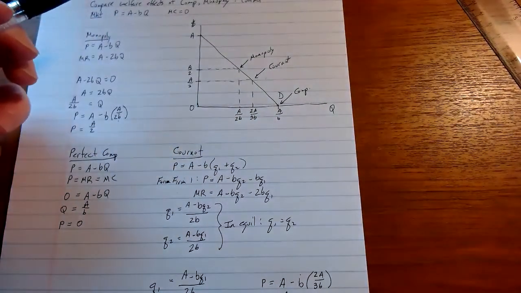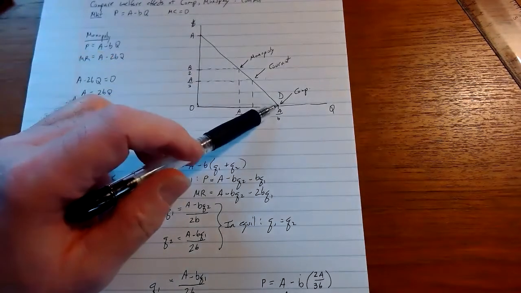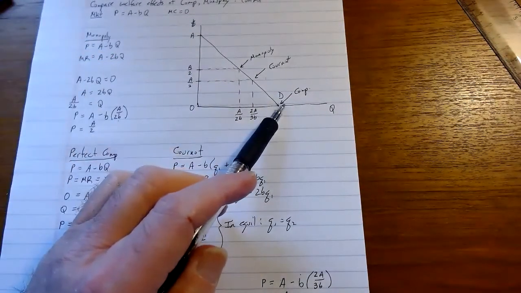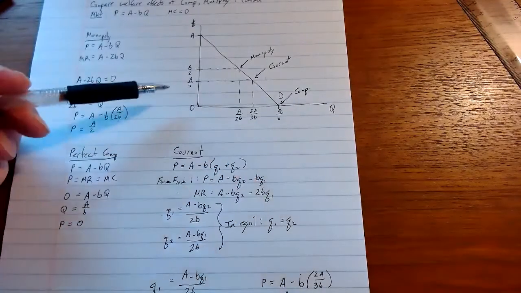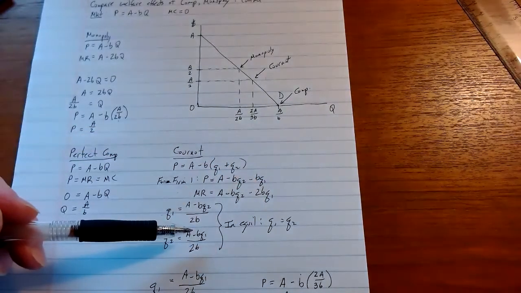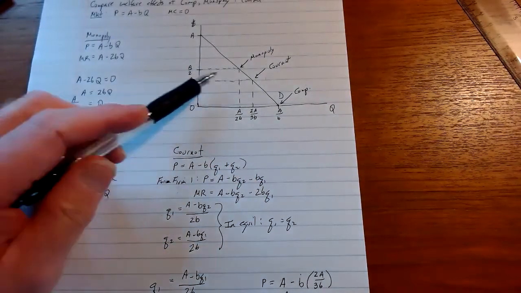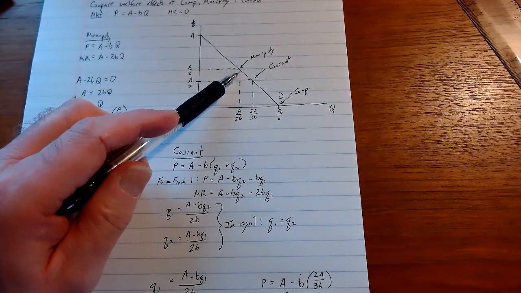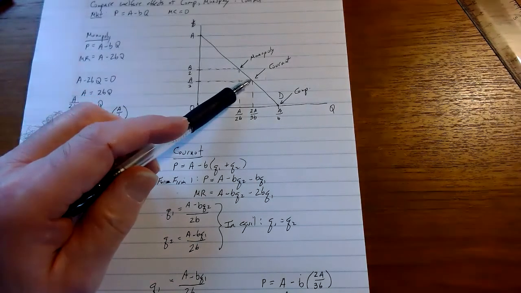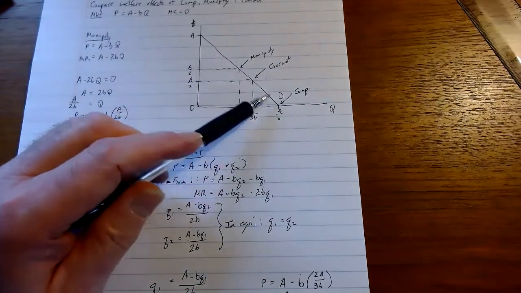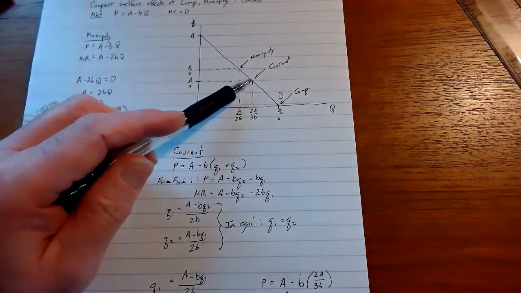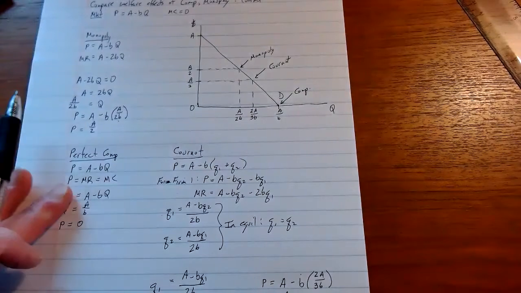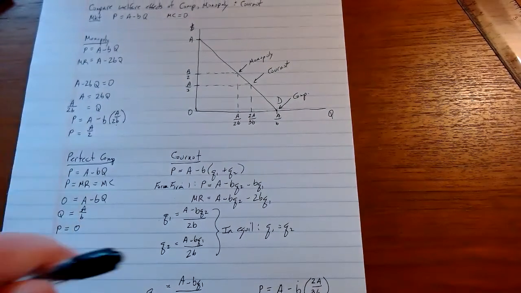And so what we see from this is that in any market, the more competitive the market is, the larger will be the output and the lower will be the price. The highest price happens when the market is organized as a monopoly, and the Cournot duopoly is going to fall somewhere in between. And we would expect really any form of duopoly or oligopoly to fall in between the monopolistic and competitive equilibria.